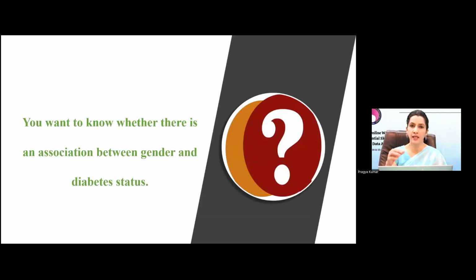Like we said in the beginning, association is relationship between the variables. The nature of variable can be a categorical variable. It can be a continuous variable. So now let's see, these are the two variables and the research question: gender has got two levels, male and female, and diabetes status has got diabetes present or absent.